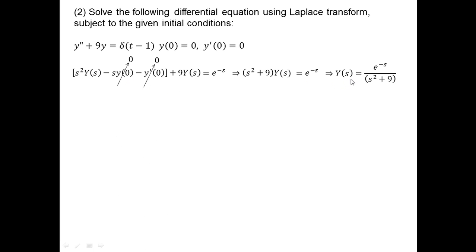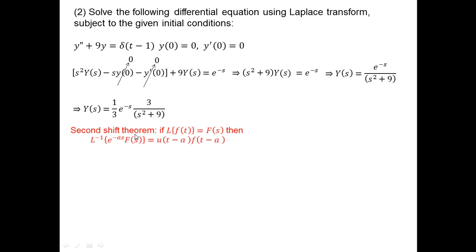So Y(s) is equal to e to the minus s over s squared plus 9. In the numerator I have coefficient 1, so in order to reshape this fraction in terms of the sine Laplace transform, I just multiply the denominator by 3 and 1 over 3.